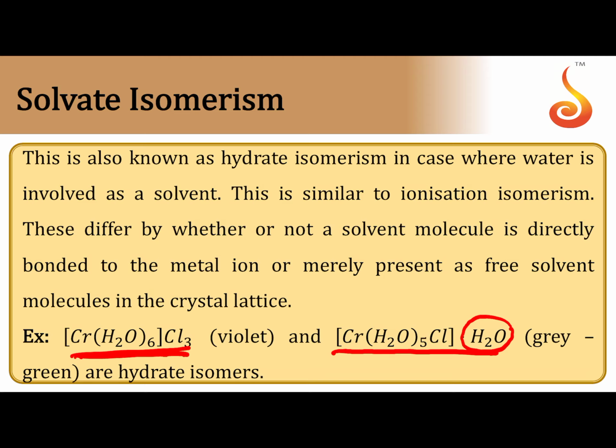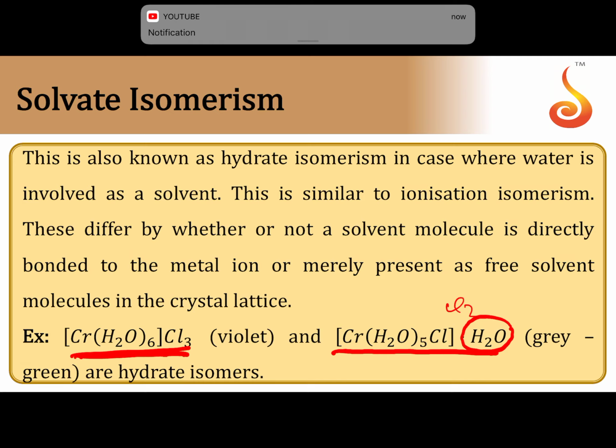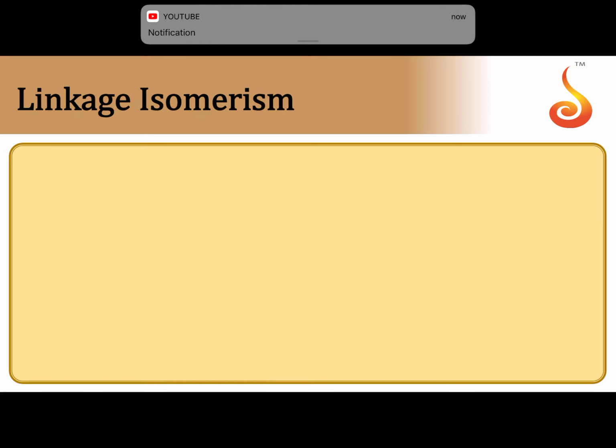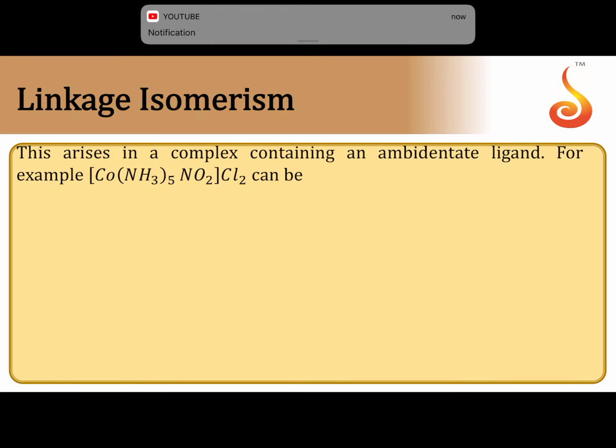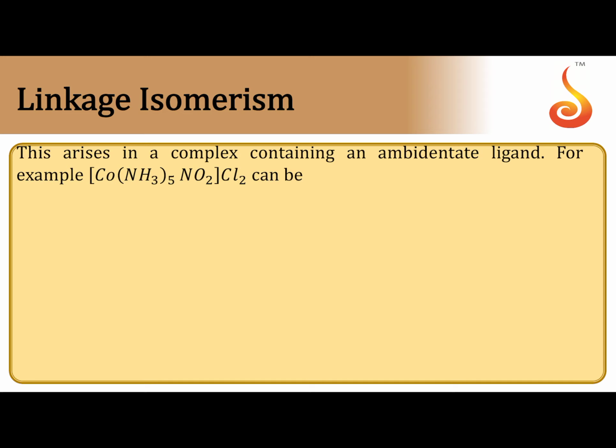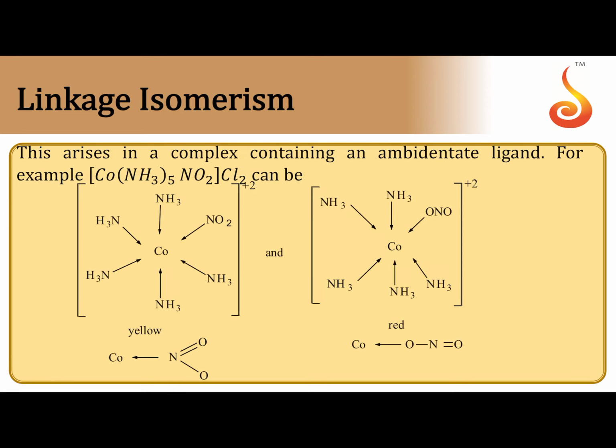They are solvates. These are almost like ionization isomers. Next, linkage isomerism. 2 complexes differ in the linking atom of an ambidentate ligand. So in the first compound, NO2 is attached to the central metal atom through nitrogen.